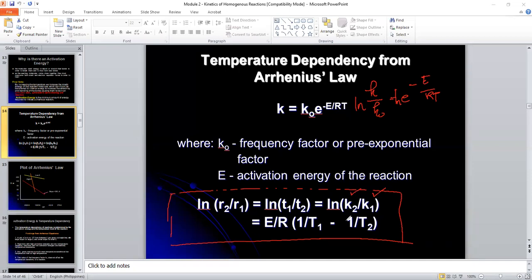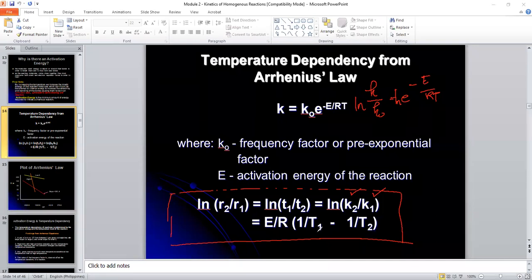So you can see in here, ln of k sub 2 over k sub 1. We got rid of the e already. So what is left is E over R times 1 over T sub 1 minus 1 over T sub 2.